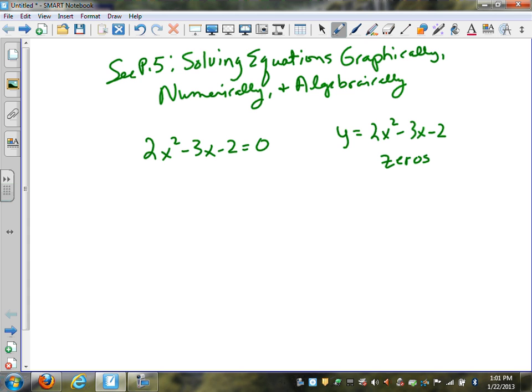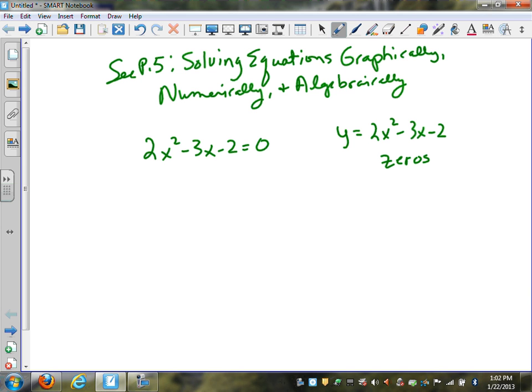So go to y equals and enter that in there. Then to find your zeros, you go to second trace, which is calc, and go down to 2.